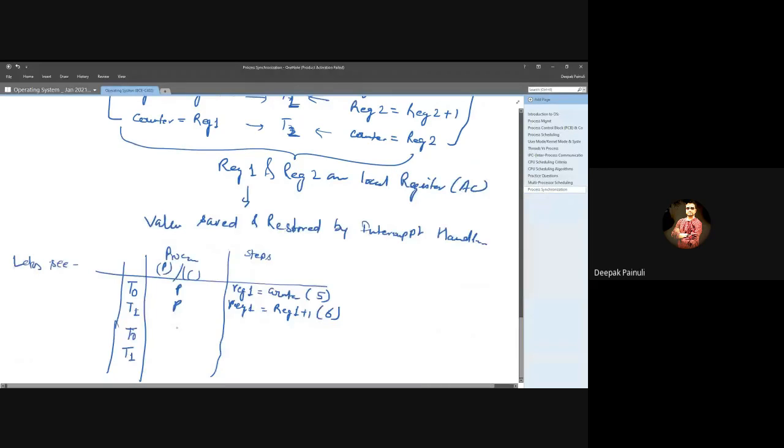Register 2 equals counter, that means 5. The counter value is still not updated. Both processes, consumer and producer, read counter value 5 and stored it into a local register, and then performed alteration to that value. Now in the T1 transaction, register 2 will be decremented by 1, that means it will reflect the value 4.